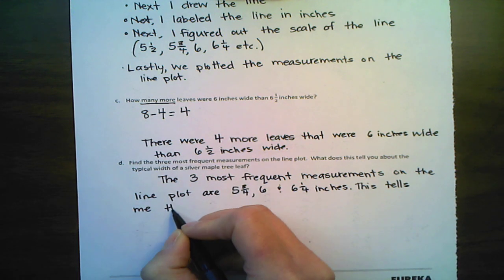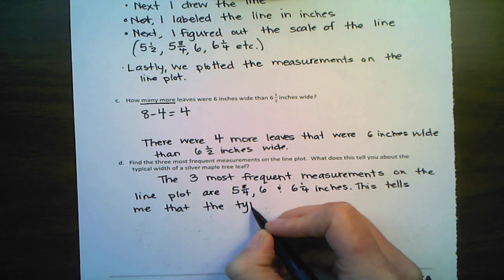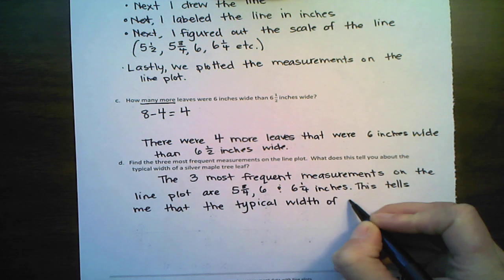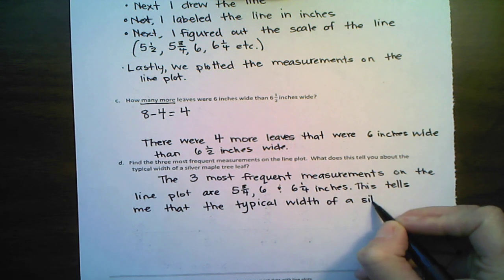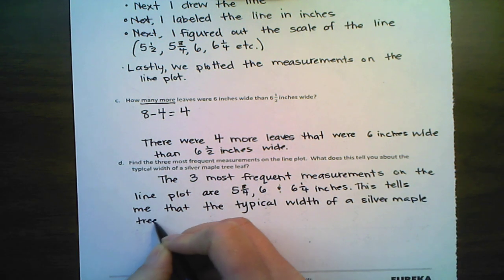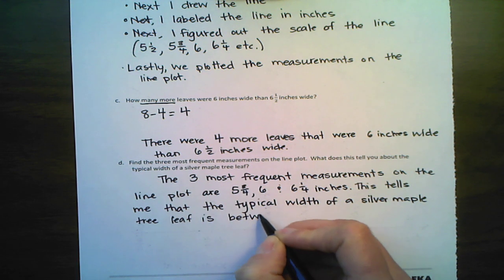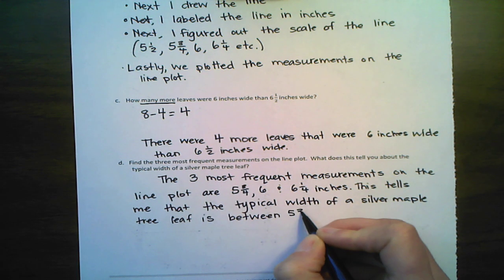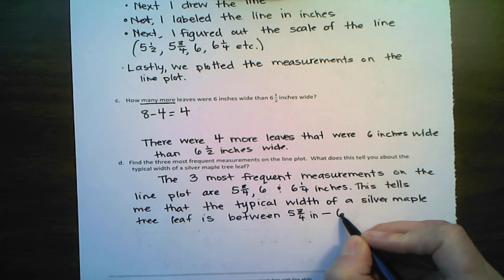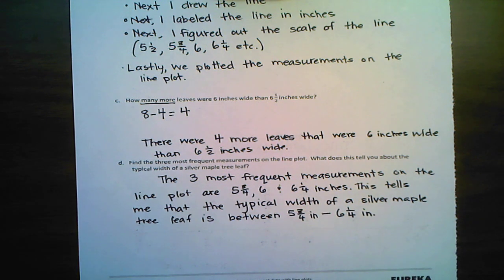This tells me that the typical width of a silver maple tree leaf is between 5 and 3/4 inch and 6 and 1/4 inches. Look at that.